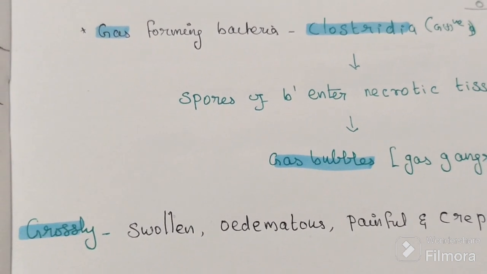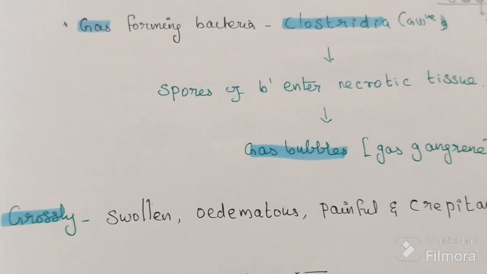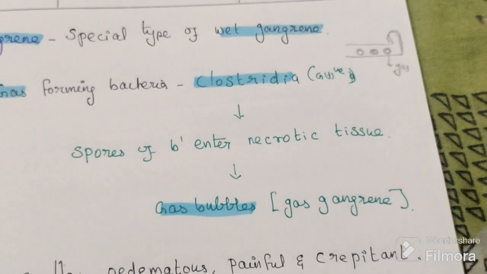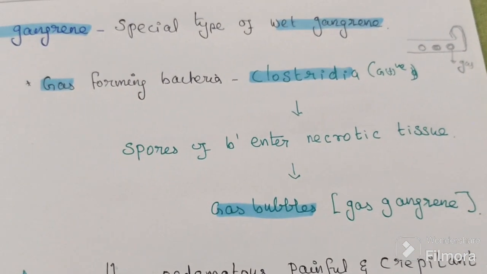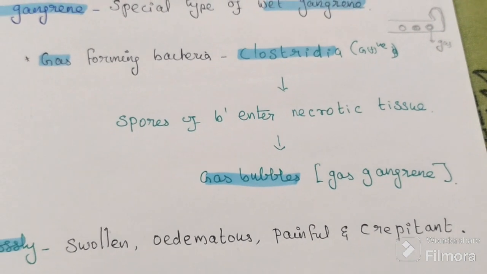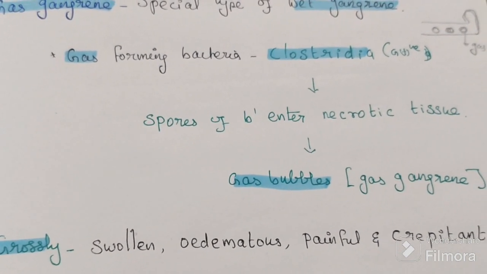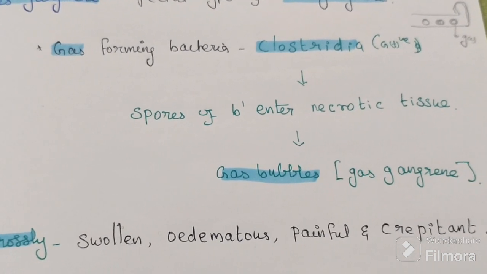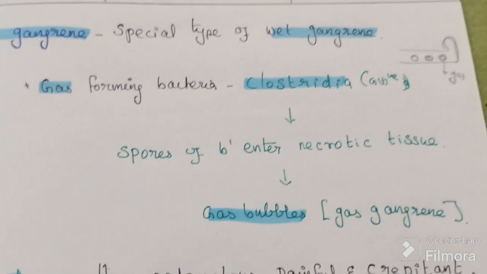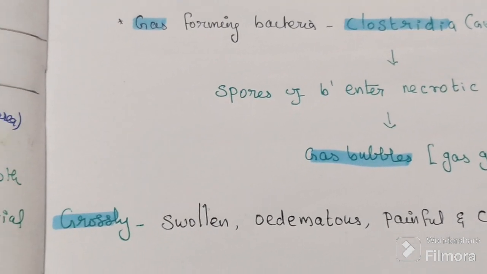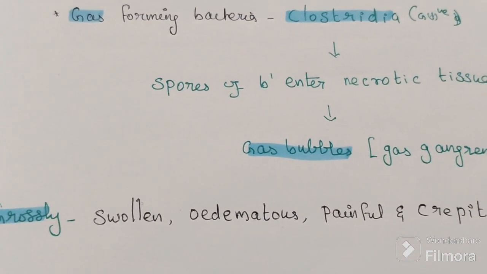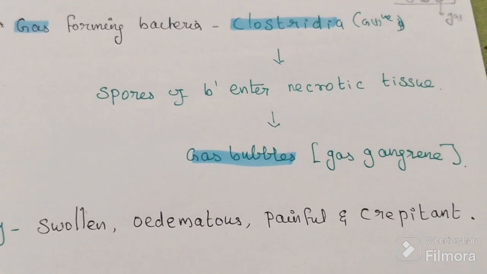The bacteria grow inside the necrotic tissue and form gas bubbles, so it is called gas gangrene. This gas feels like a balloon, full of gas. Grossly it is swollen, edematous, painful, and crepitant.